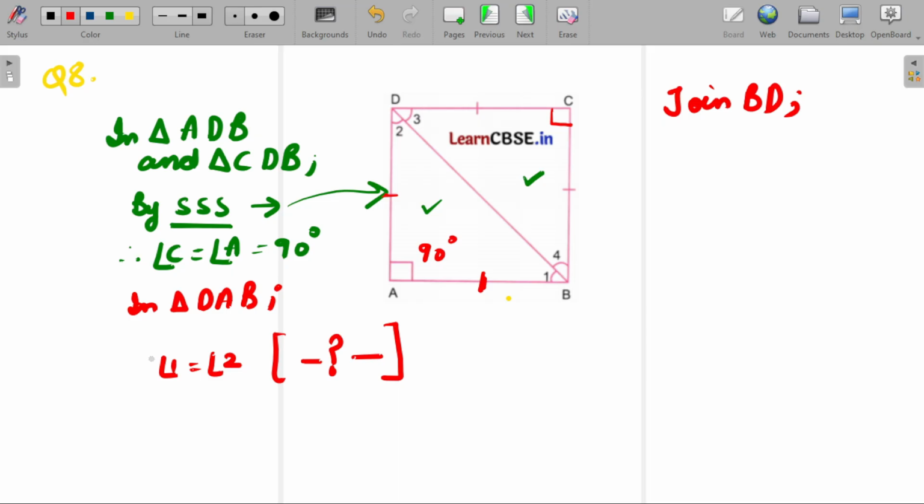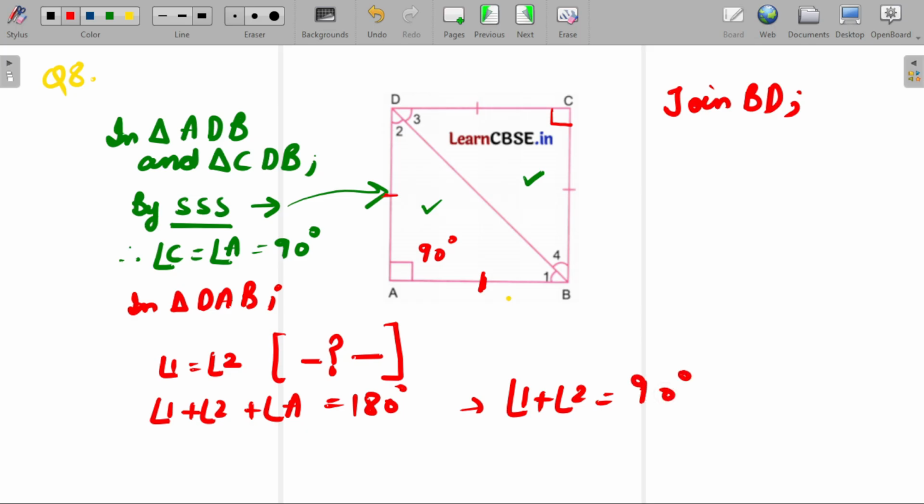In this triangle, angle 1 plus angle 2 plus angle A is 180 degrees. That means angle 1 plus angle 2 is 90 degrees. If angle 1 and angle 2 sum to 90 degrees and are also equal, angle 1 will be 45 degrees, equal to angle 2.